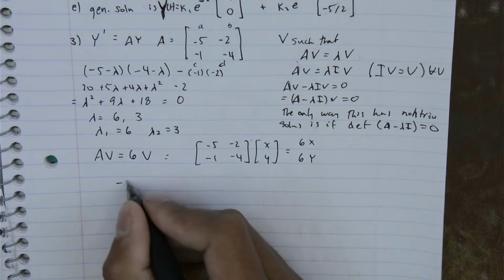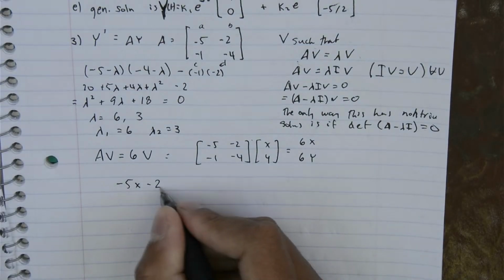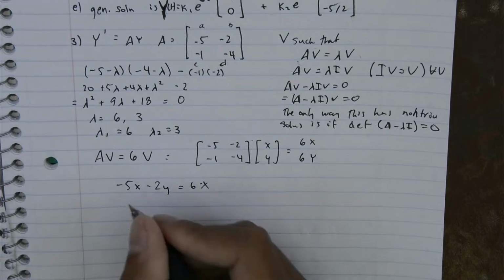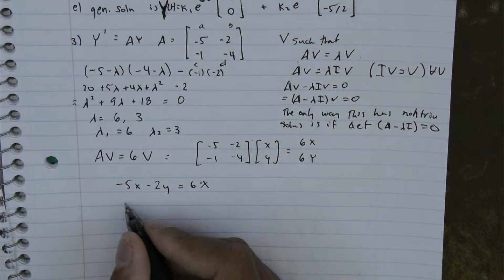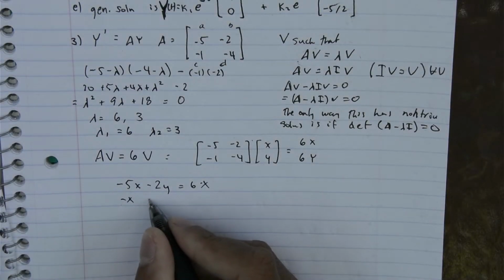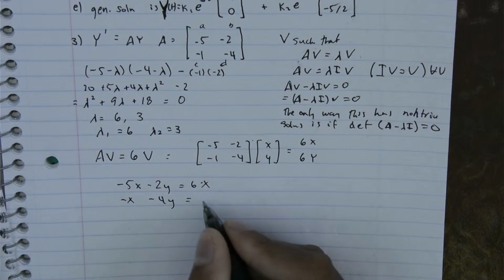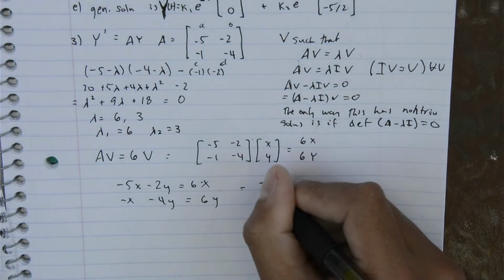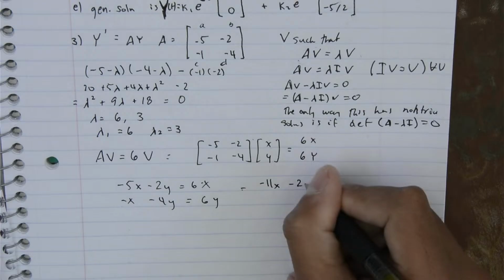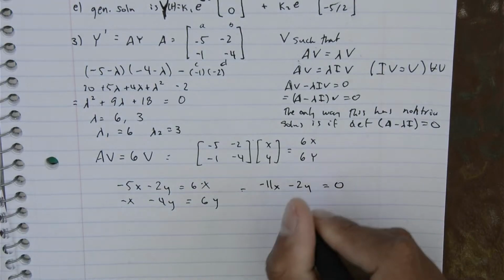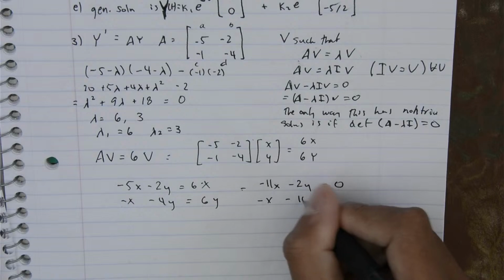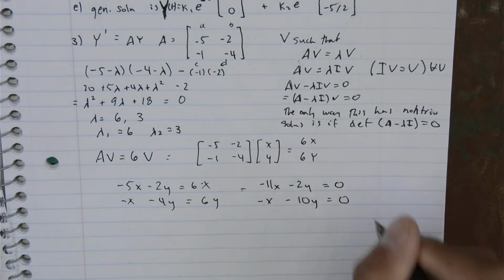We get minus 5x minus 2y is equal to 6x, and minus x minus 4y is equal to 6y. So this becomes minus 11x minus 2y is equal to 0, and minus x minus 10y is equal to 0.